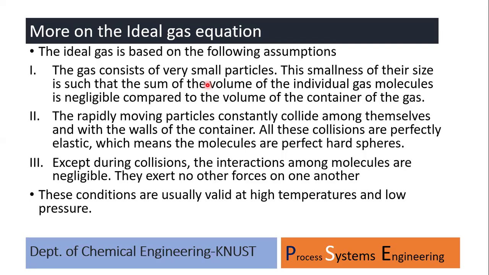And then we're also saying that except during the collision, the interactions among the molecules are negligible. So they are not going to exert any force on each other. So we are very familiar with these things. Usually these conditions happen when we have very high temperatures or very low pressures. So these conditions would allow for our gas to behave like an ideal gas, high temperatures and then low pressures. Is that okay?